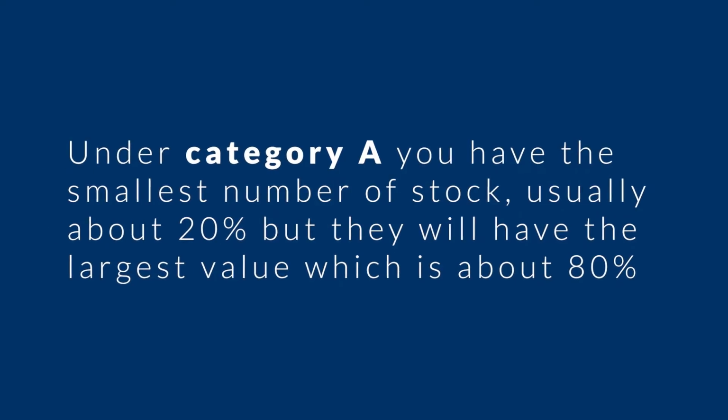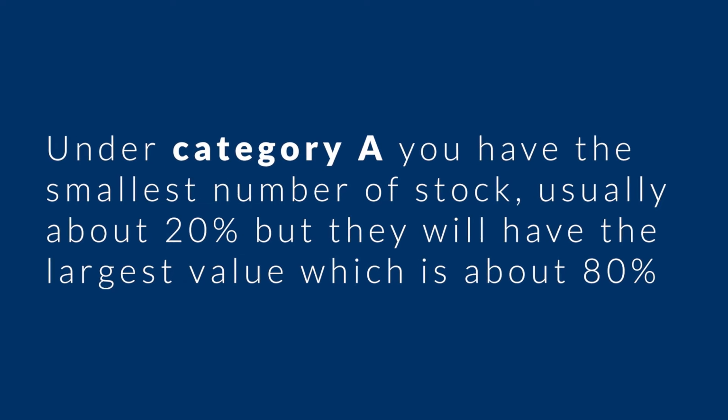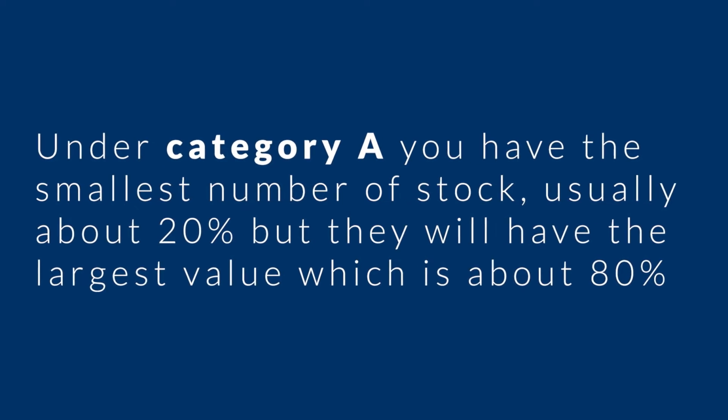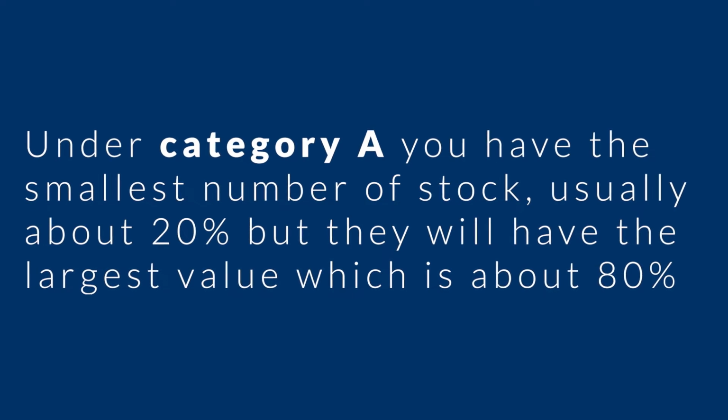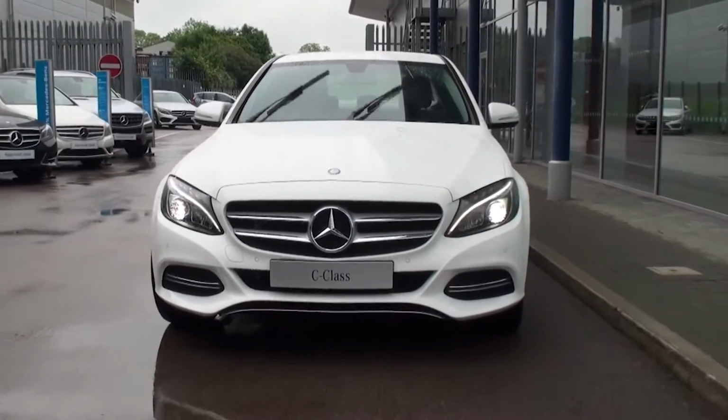Under category A items, you have the smallest number of stock, usually about 20%, that will have a value of 80%. So there's 20% of stock that has 80% of the value. The smallest number of stock with the highest value becomes category A. For example, let's say you are dealing in cars.